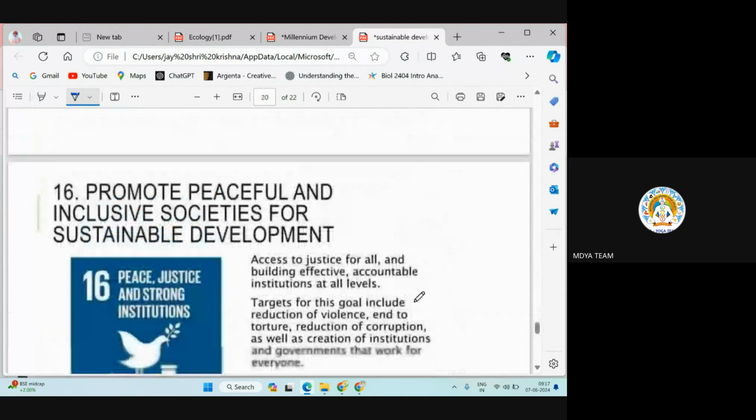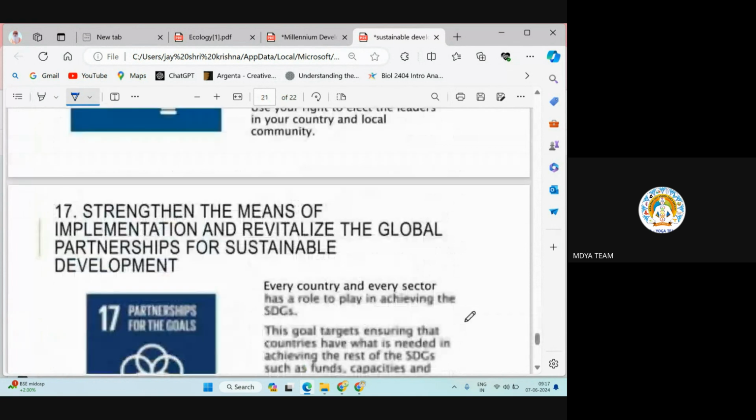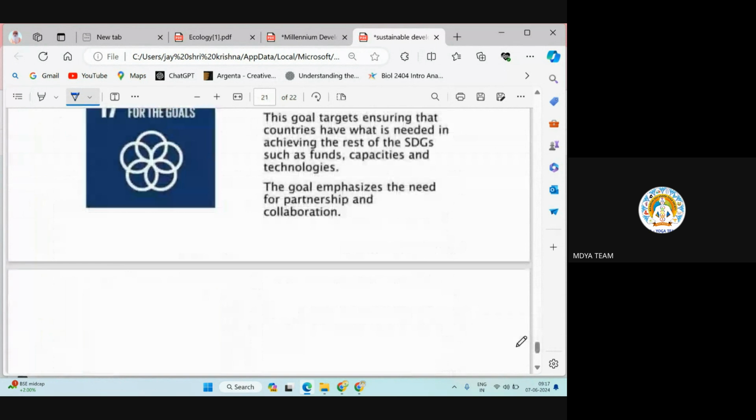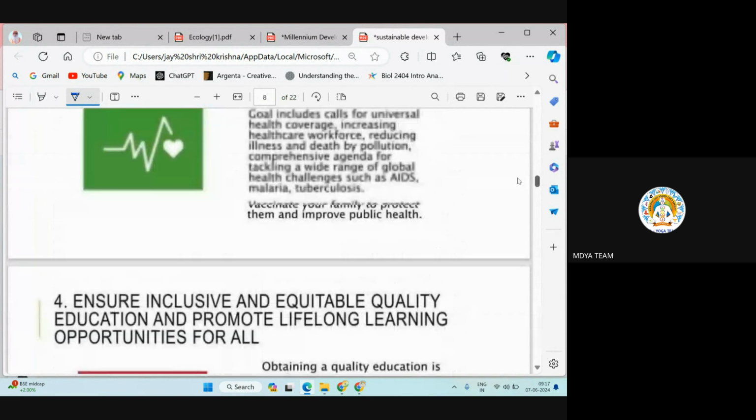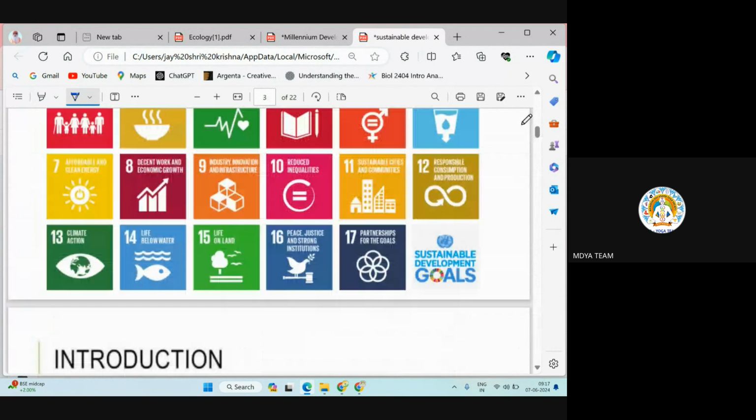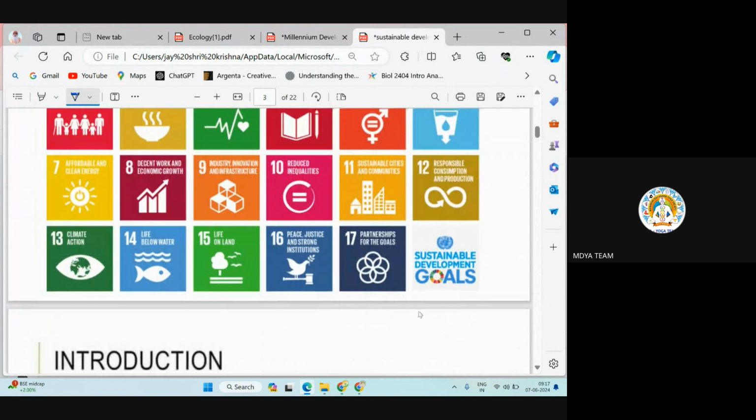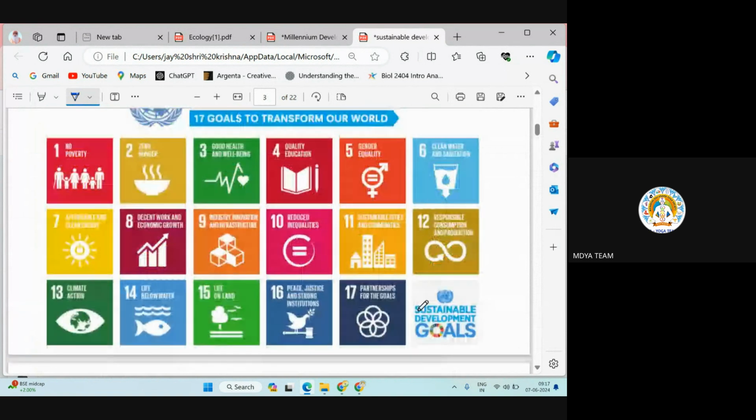Just go through all this, and in the next class I will ask all the goals and we will try to relate something in order to learn all of them. So just go through all these goals and try to mug up.